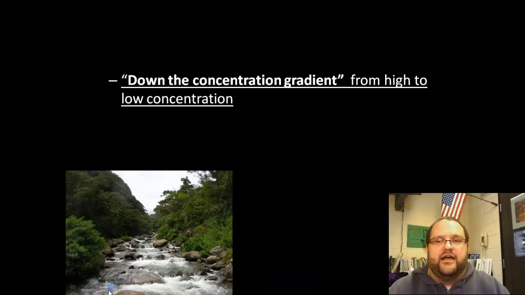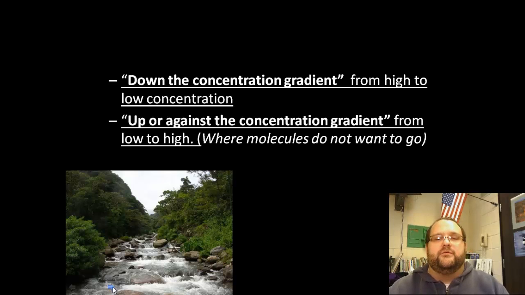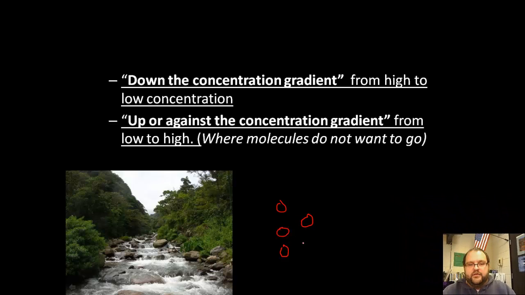Okay, so down the concentration gradient is from high to low, and up is from low to high, where molecules don't want to go. So if I have a whole bunch of molecules on this side of the membrane, and here's my membrane, and I have very few molecules over here, molecules naturally want to spread out. They want to go from an area of high concentration to low.